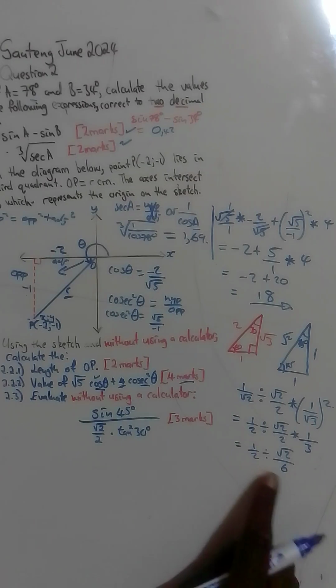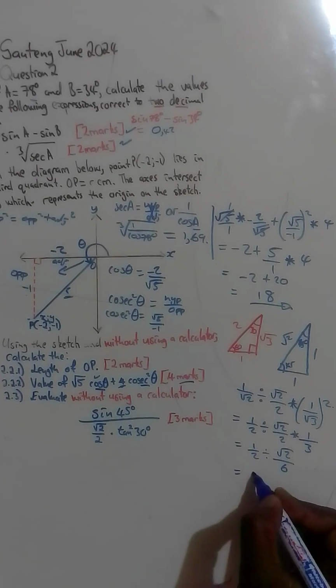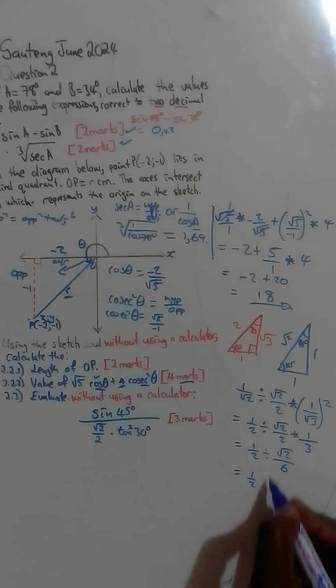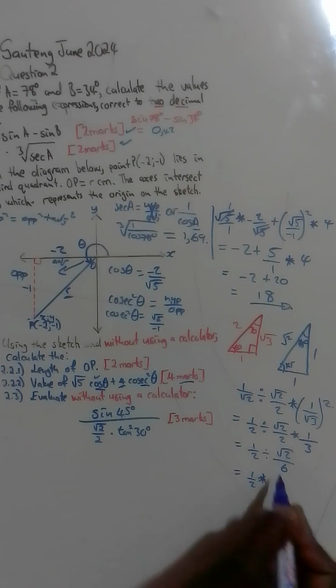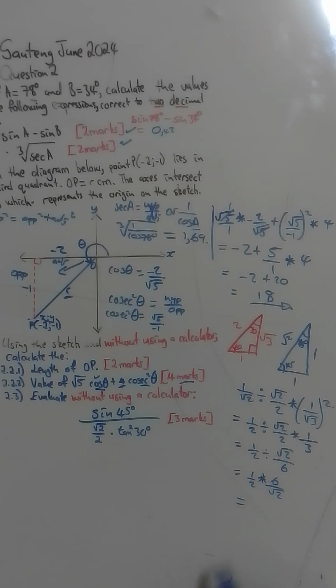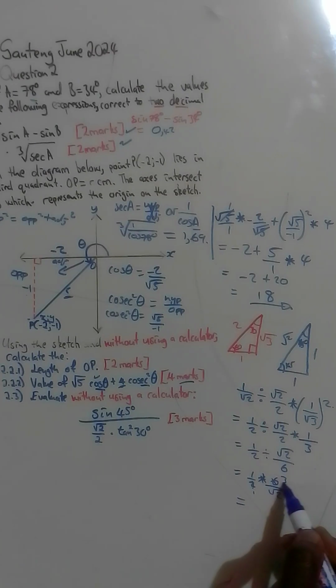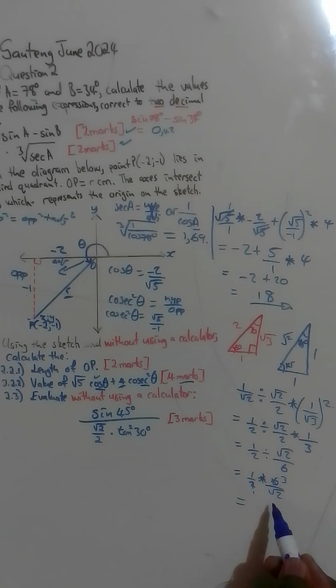Now, on the next stage, I can use the KCF method because now I've got one trig ratio. So now I say 1 over 2, I change this sign, it becomes a multiplication sign, and then I flip here. Now I've got 6 over root of 2, which is equal to, these two have got a common factor, 2 into 2 is 1, 2 into 6 is 3. 1 multiplied by 3 is equal to 3 all over square root of 2.